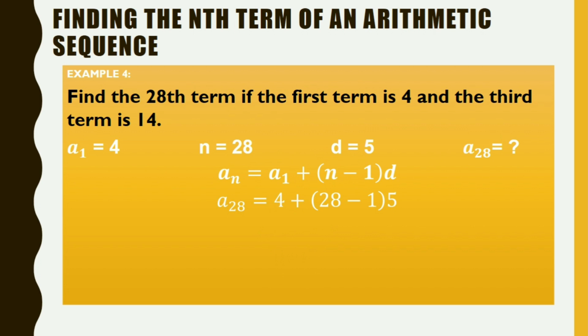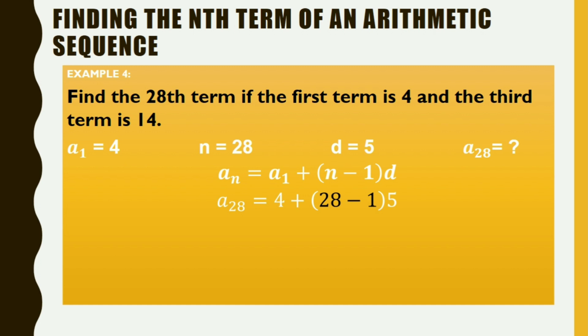We will write the given and the formula. a sub n is equal to a sub 1 plus quantity n minus 1 times the common difference, and substitute the given. So, a sub 28 is equal to 4 plus quantity 28 minus 1 times the common difference 5.